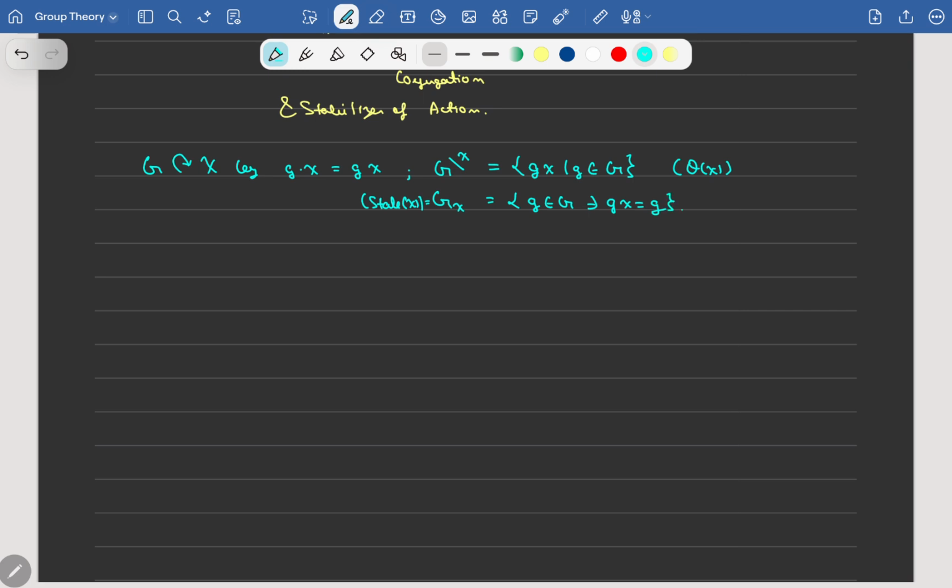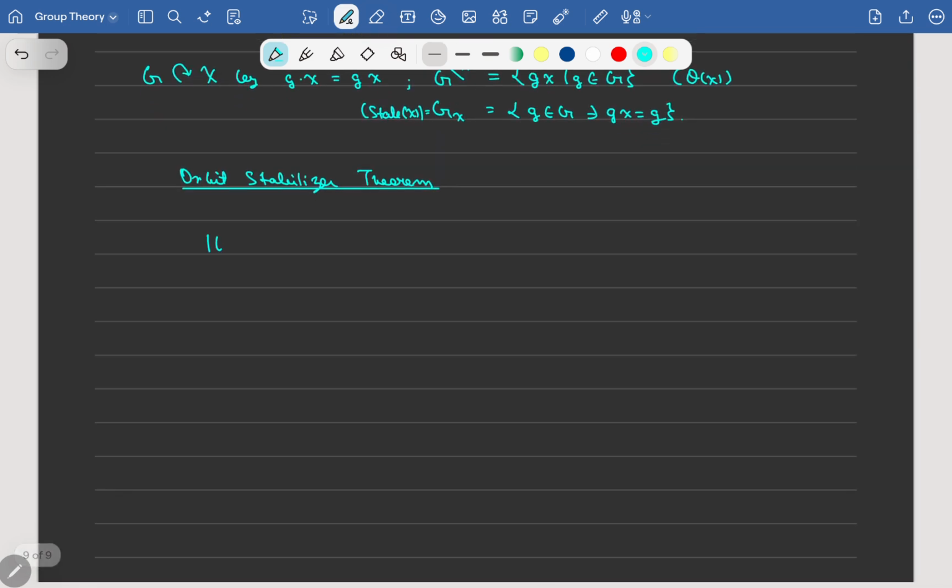And we have something called the orbit stabilizer theorem, which is a very well known theorem in the context of group actions. It says that if the group is finite, then the order of G is the order of the orbit of some element times the order of the stabilizer of that element.